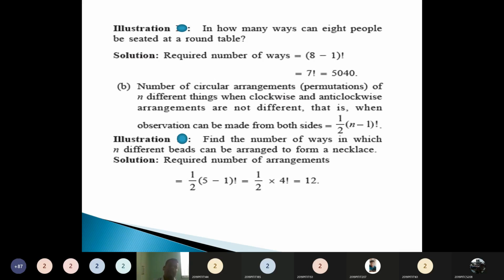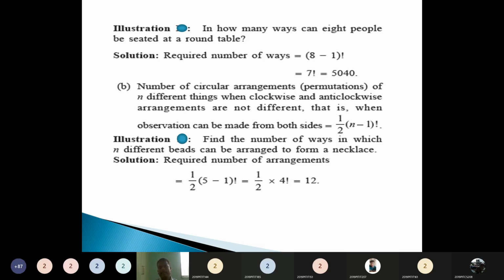So that is 1 by 2 into 4 factorial. So 12 different ways, including clockwise or anti-clockwise. Here anti-clockwise is not considered. Only one kind you have to take, not both kinds. So for that case, the permutation is 12 for 5 different beads arranged in a necklace.